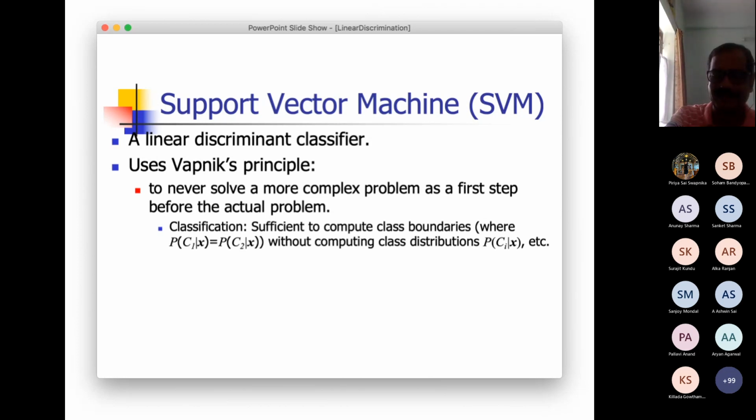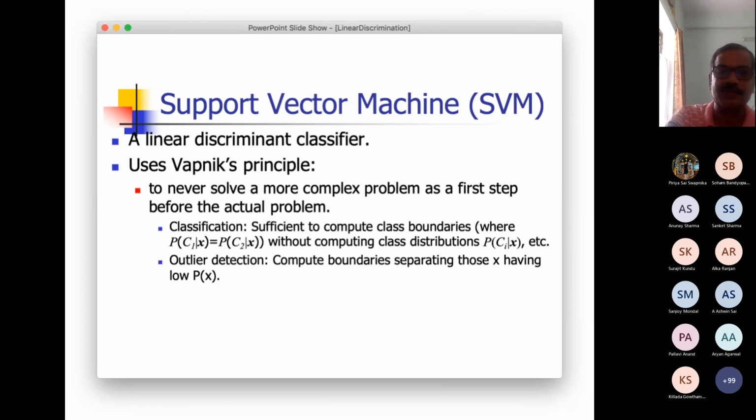The idea here is that, as I was showing you, while defining this problem, if we can identify the class boundaries, then it is sufficient to get a classifier with the samples in the class boundaries only, right? So that is what it tries to say.